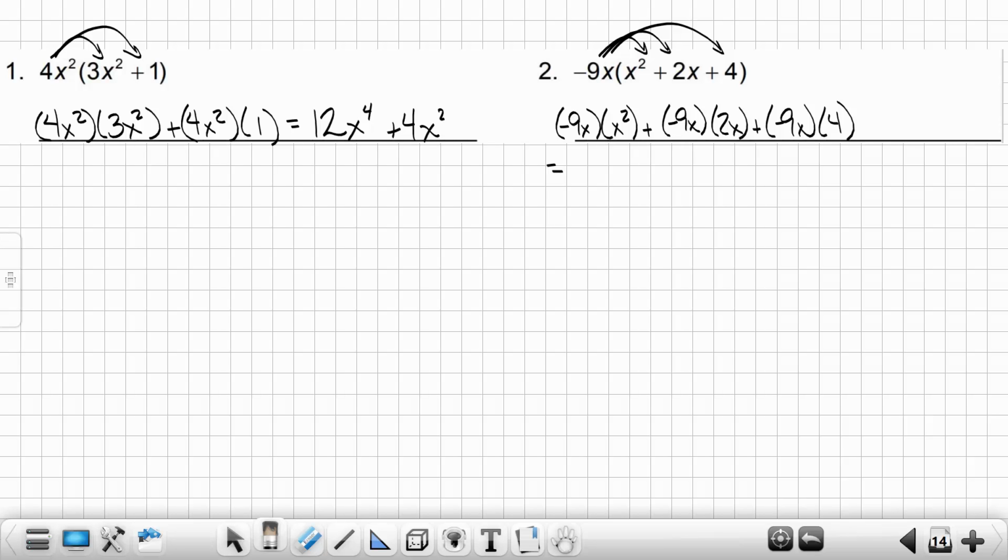All right, guys. So let's go with Michael Takis. Michael Takis, what is -9 times 1? -9. What is x times x squared? X to the third. Don't forget that x had an exponent of 1, so I add them.